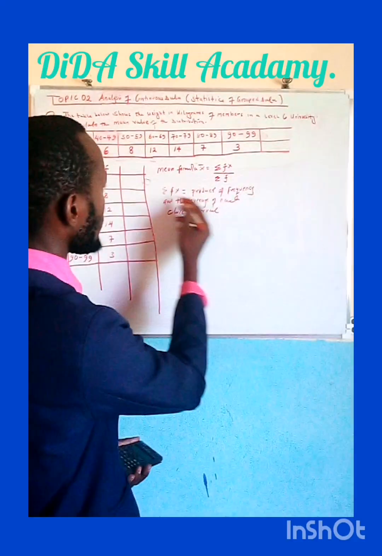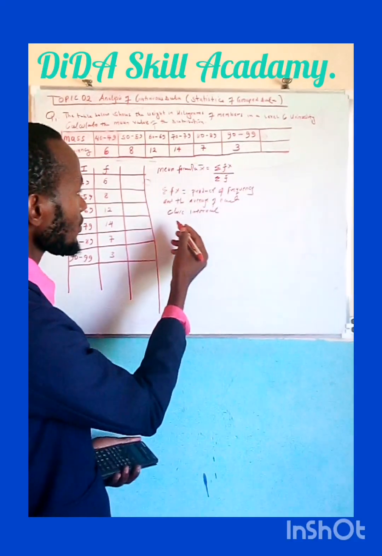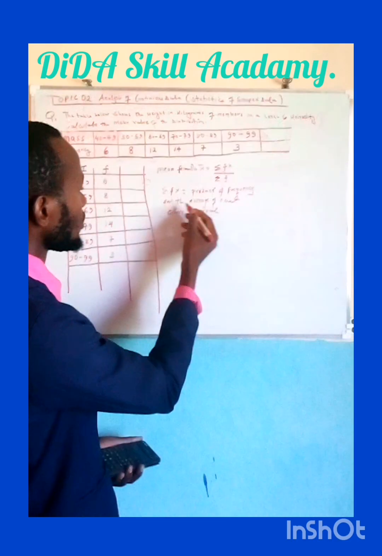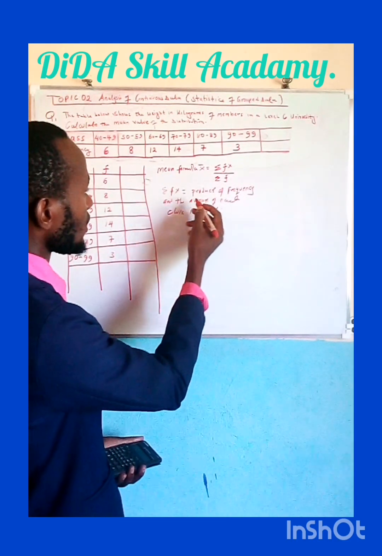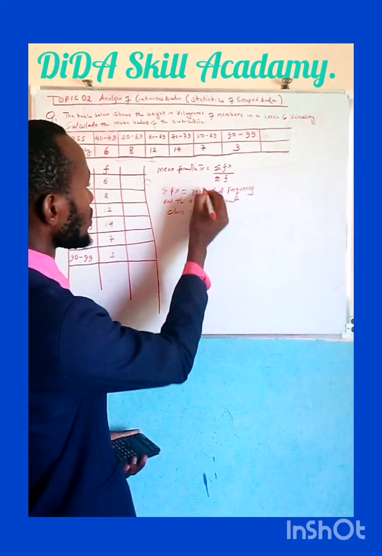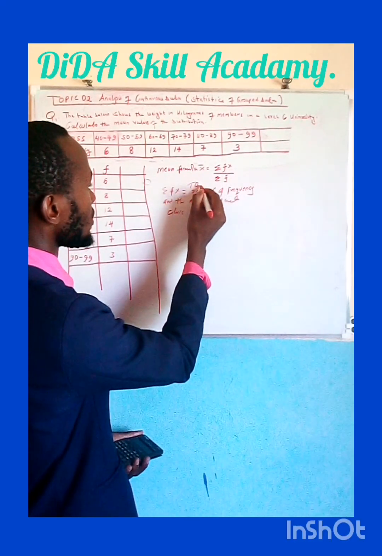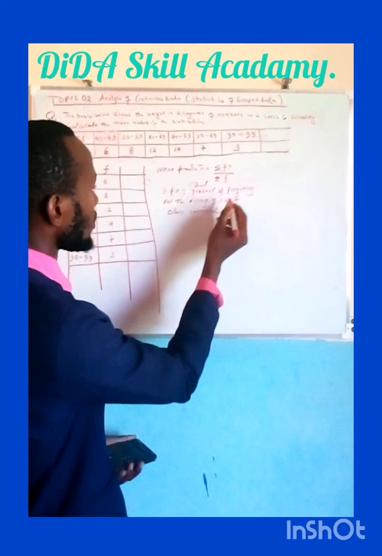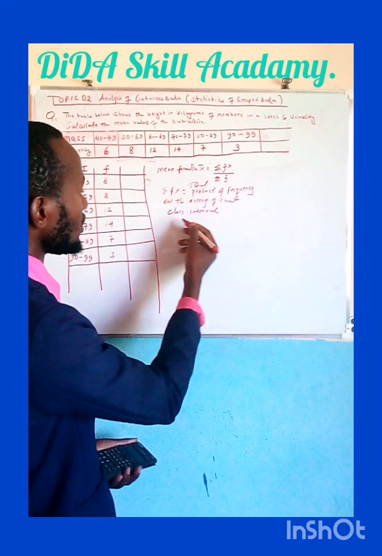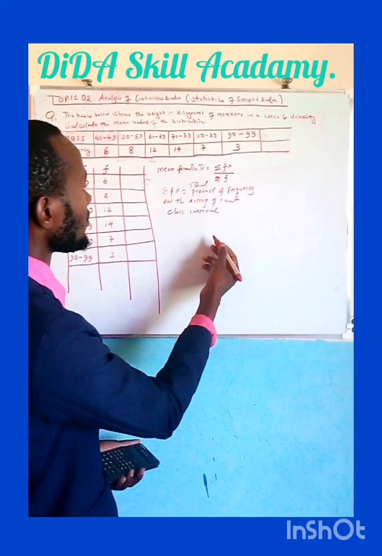So the summation of fx is the total product of the frequencies and the average of each class interval.